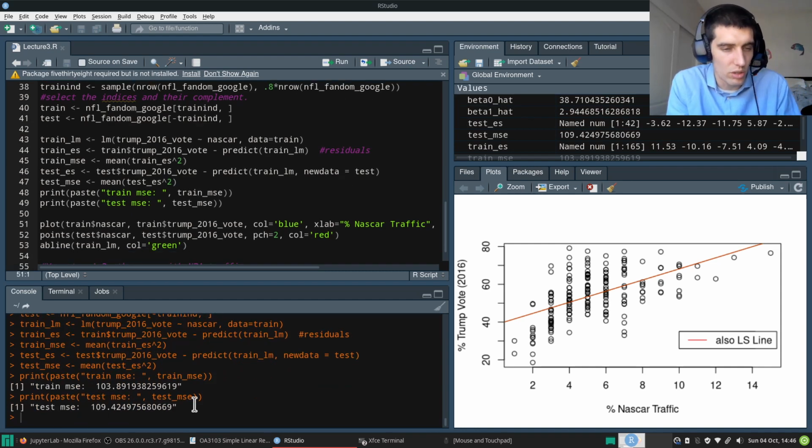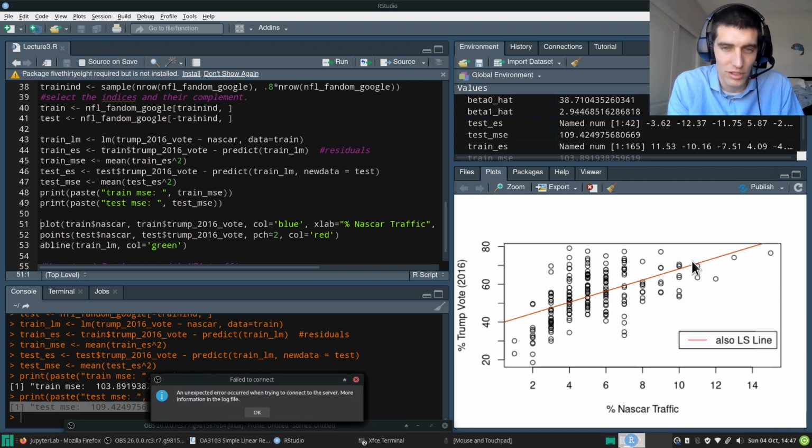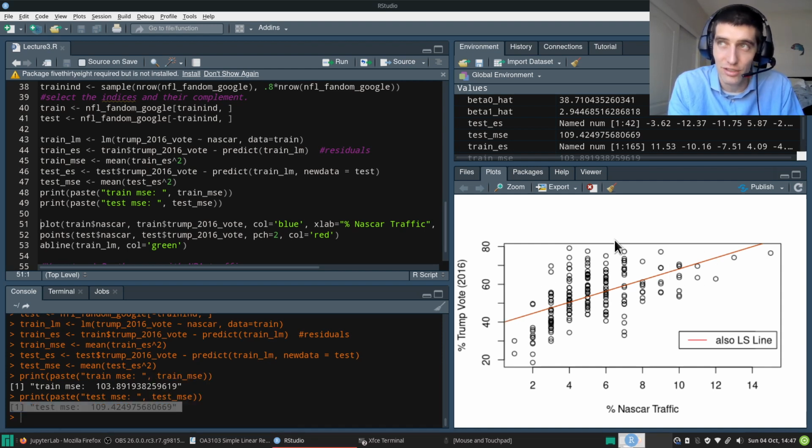So my testing mean squared error is a little larger. We don't read too much into that, because we can see visually here, with the benefit of this graphic, that we're not overtraining, but just due to random chance, the testing MSE is a little bit larger than the training MSE.